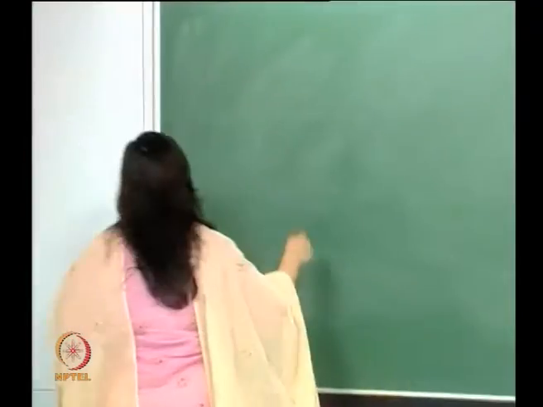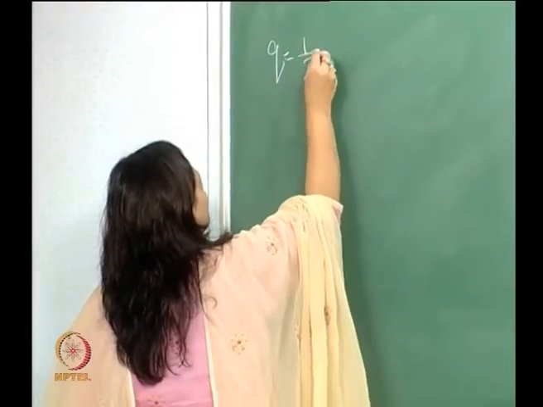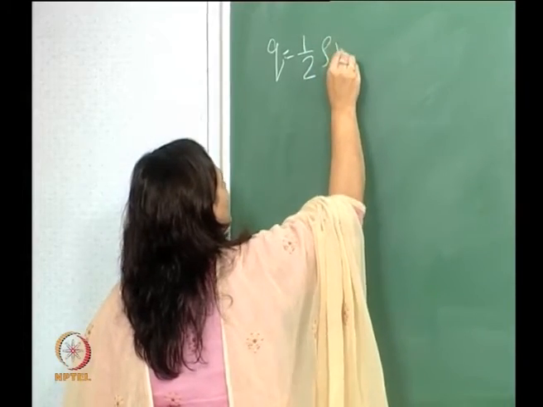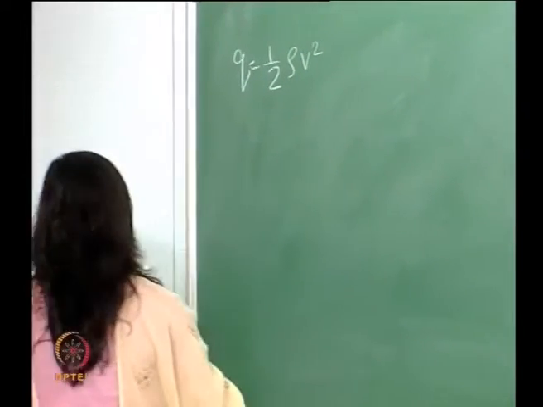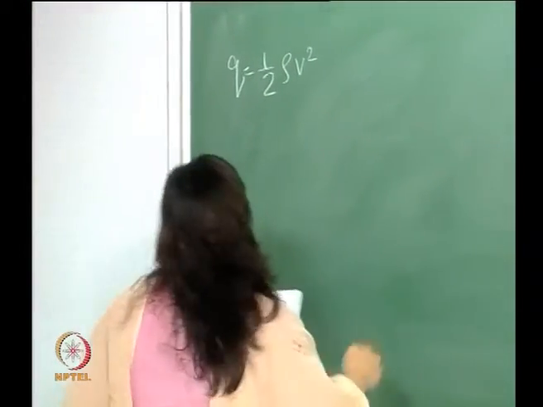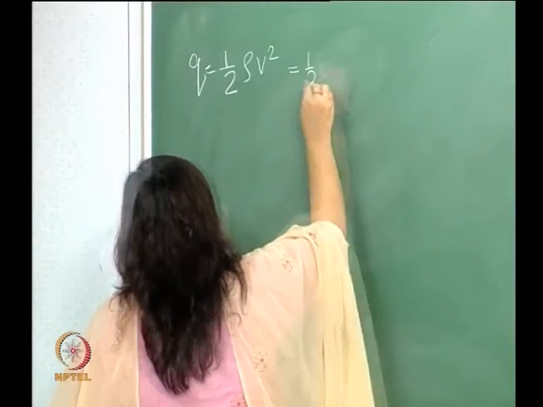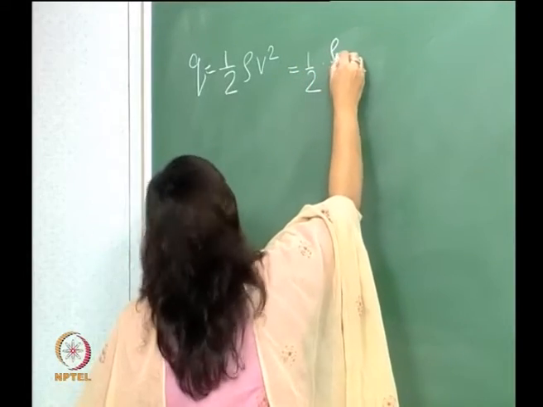Okay, so now this Q is the dynamic pressure, which is half rho v square, right? So I'm going to write this rho like so.